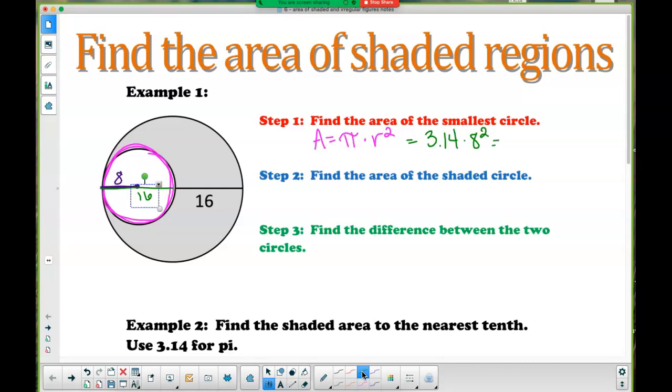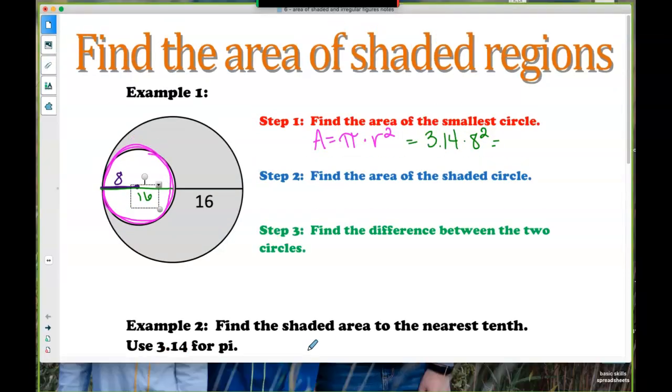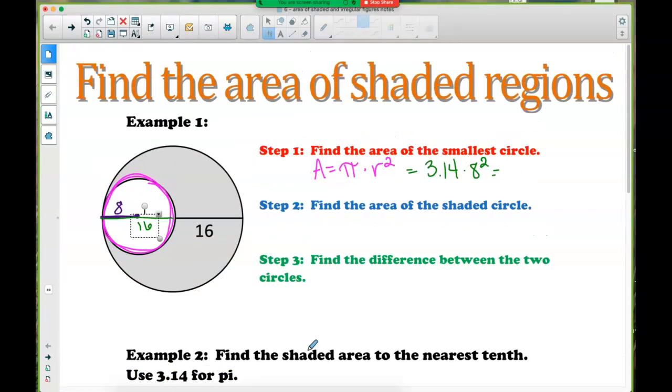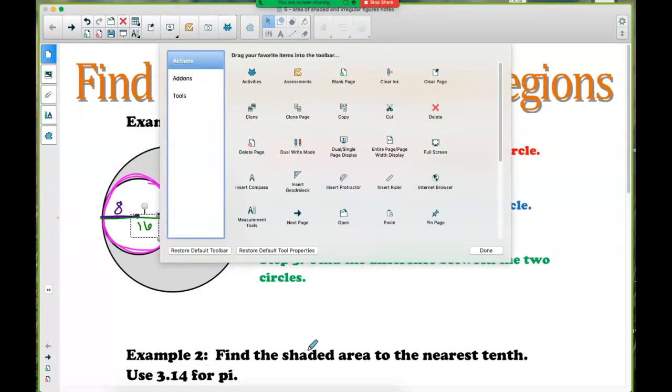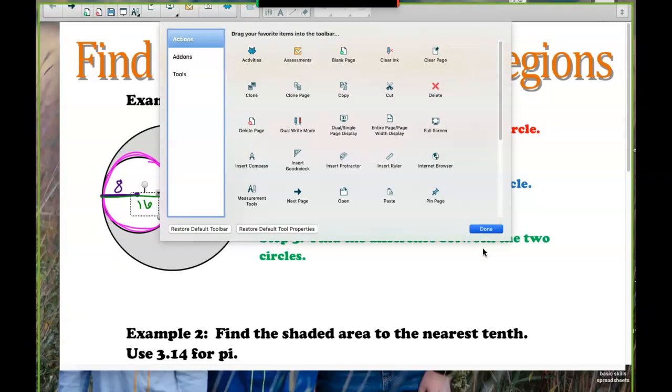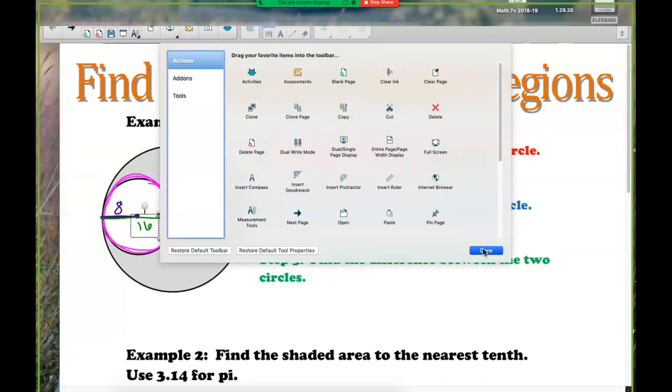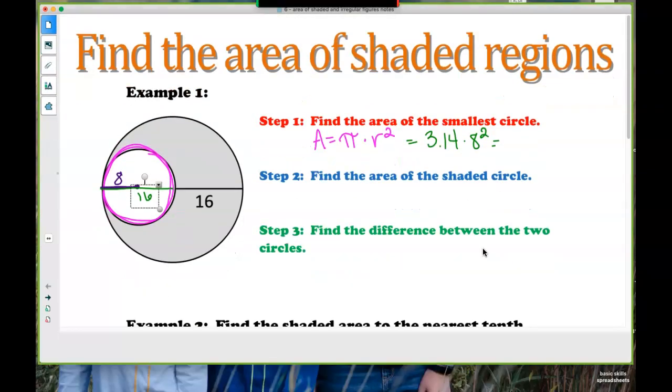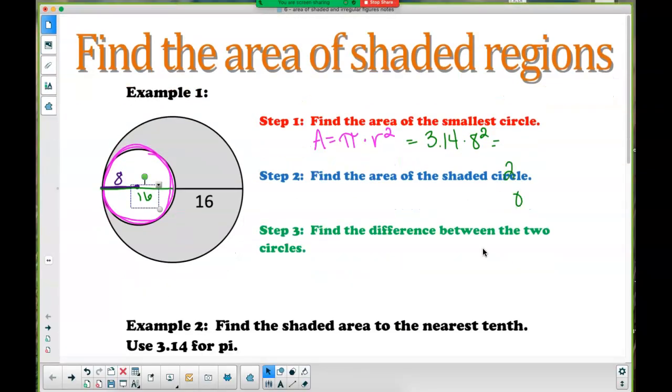Okay, this is where you're using a calculator. 8 squared, 8 times 8 is 64, times 3.14, and I got 200. Hang on, my board's being goofy. Okay, 200. We'll get there eventually. 0.96.